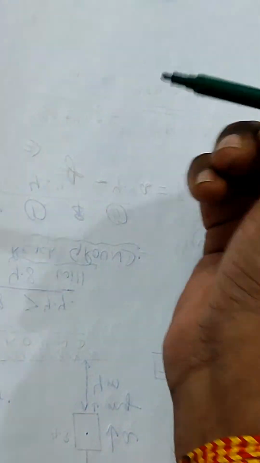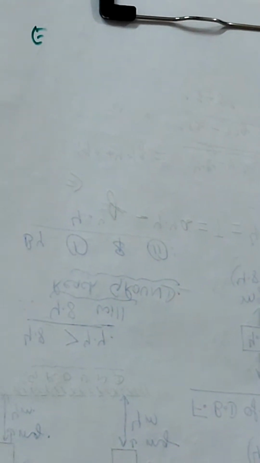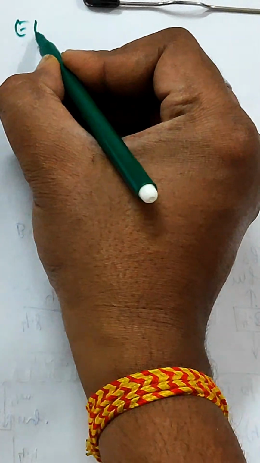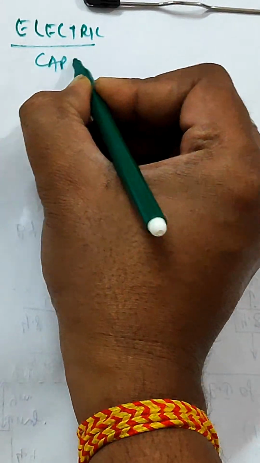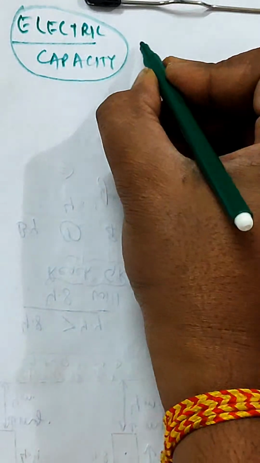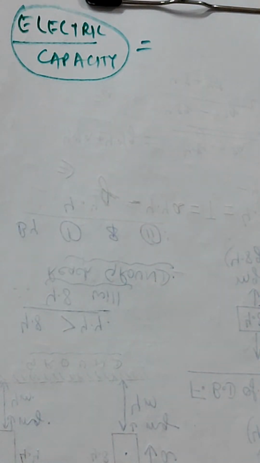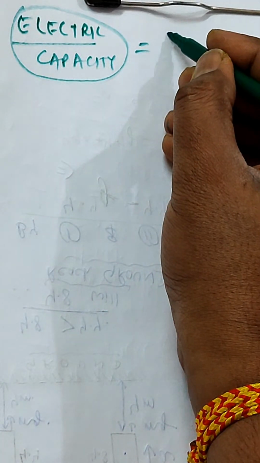The electric capacity. What is the electric capacity? Just remember the formula. The formula is electric charge by electric potential. What is the unit of charge?